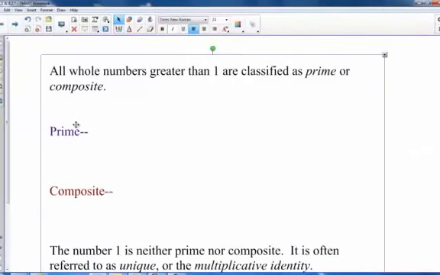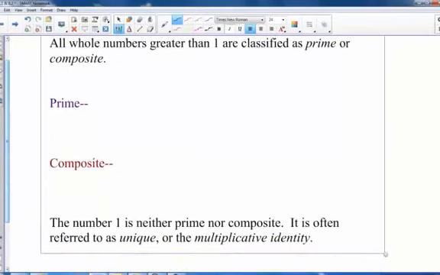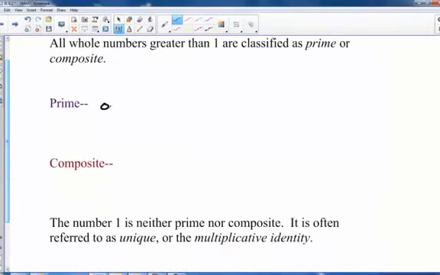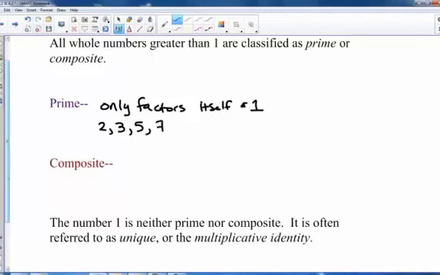Alright, prime numbers, the only factor is itself and 1. So like 2, 3, 5, 7, 11, 13, and so on.